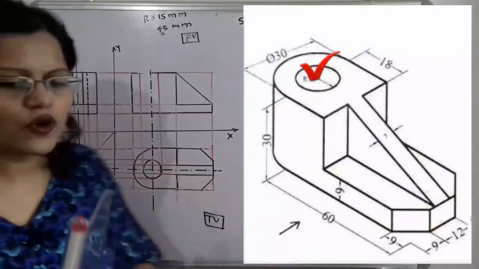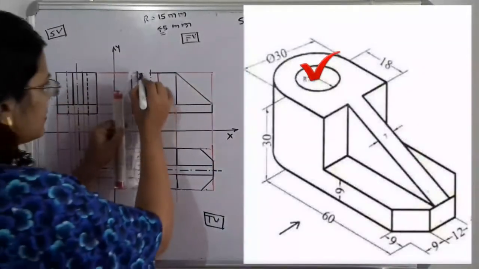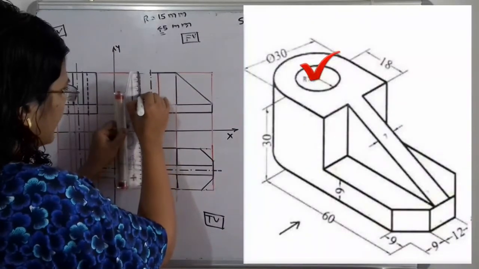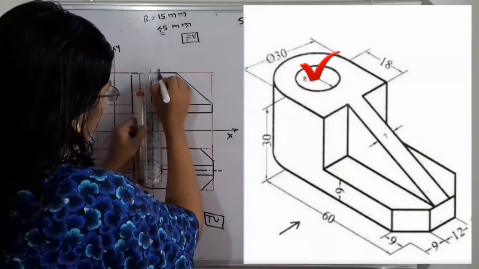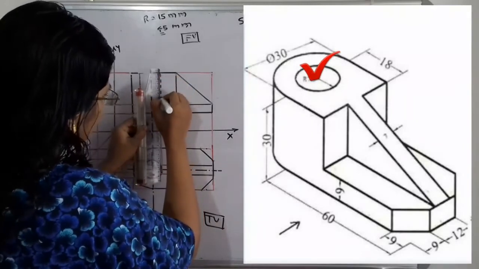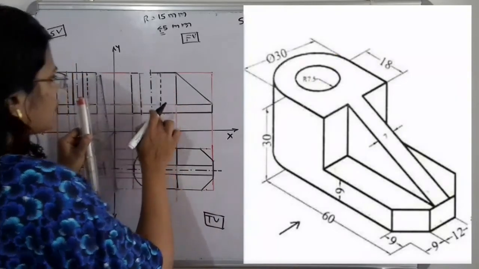Now this hole exists all along its height. So we have to show it in the form of dash. So here is the projection of this hole.